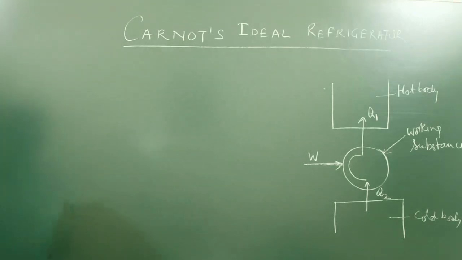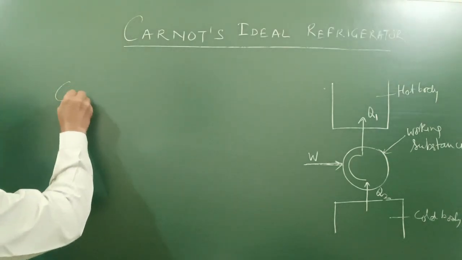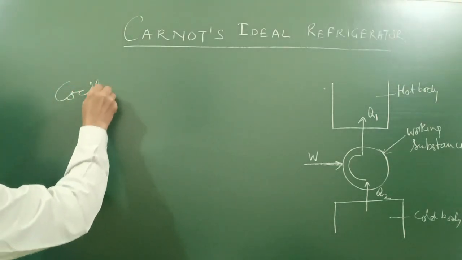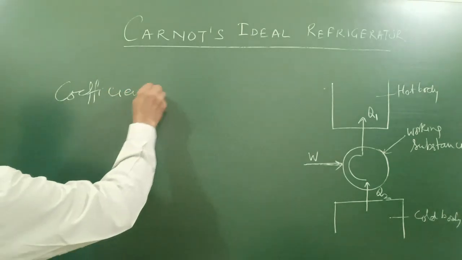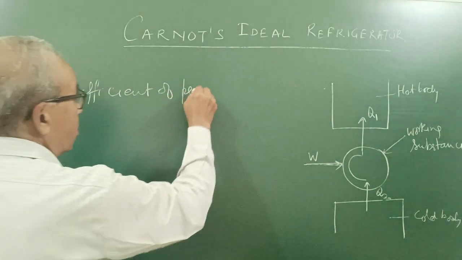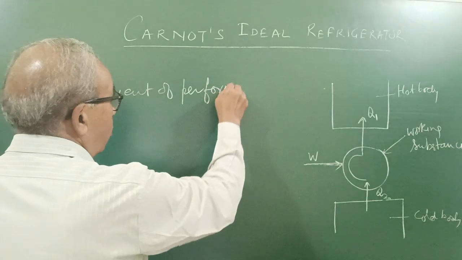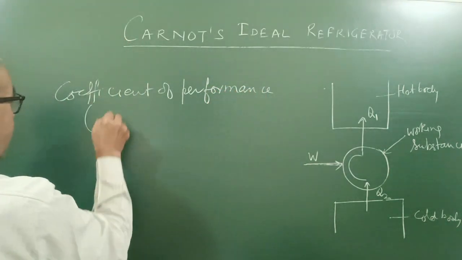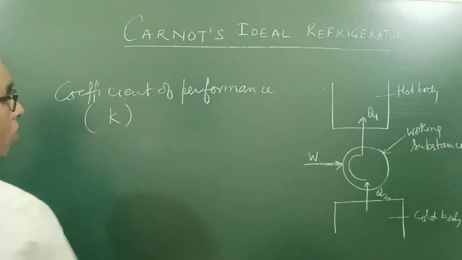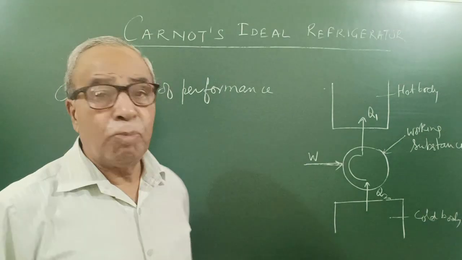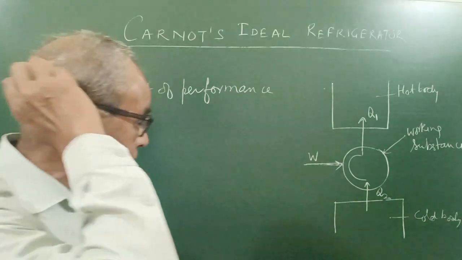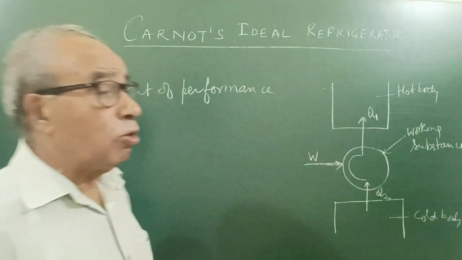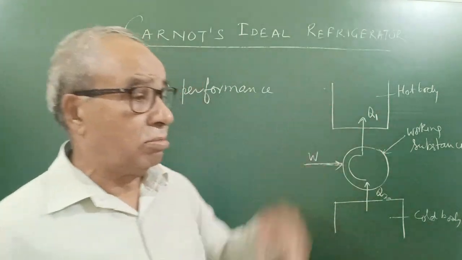Now there is a term here, coefficient of performance. I write it as K, the coefficient of performance of a refrigerator. What is the purpose of a refrigerator? To extract heat.